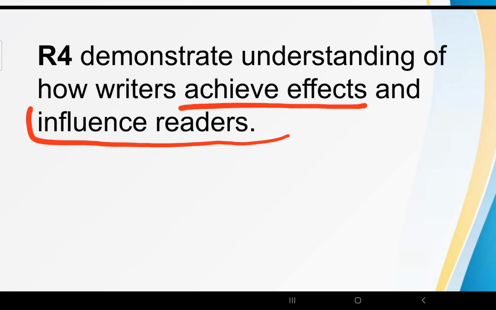So use of certain words, certain phrases, certain lines in a sentence: what is the main aim or goal of the writer by using them? We have to show that we understand the writer's effect, and that the readers are being influenced by the writer's choice of words.